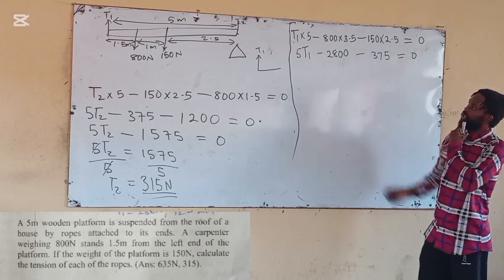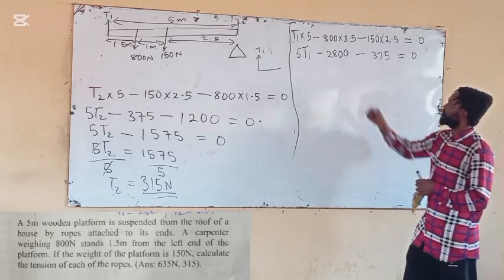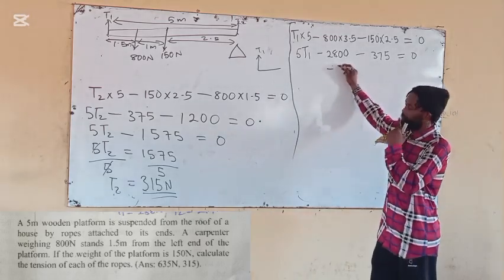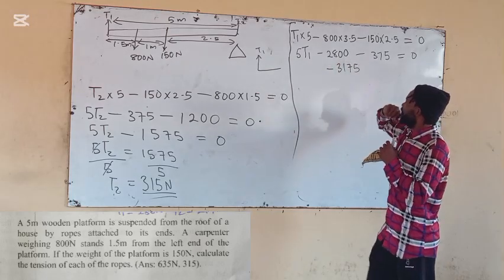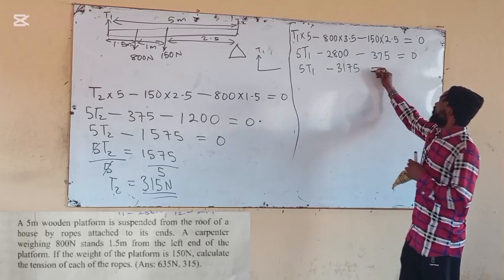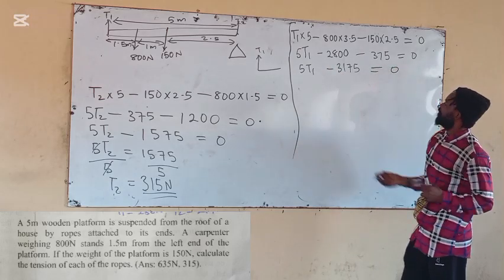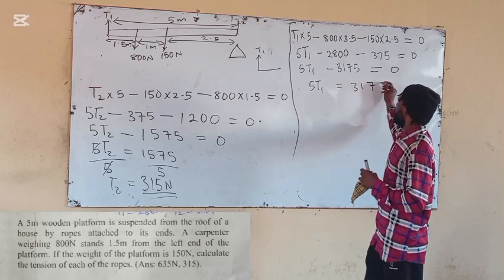Okay, equals to 0. Now, minus 2,800 minus 375, what is it? Minus 3,175. Okay, so I have 5T1 minus 3,175 equals what? 0. Okay, so that I now have 5T1 equals 3,175.